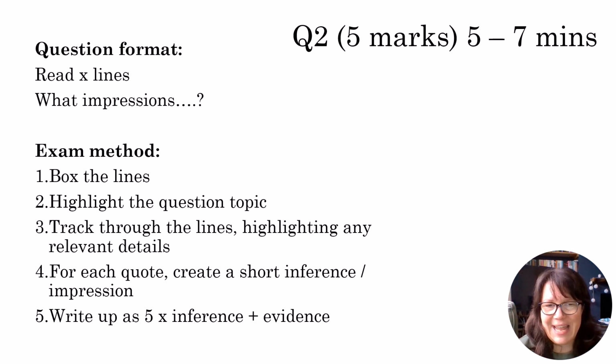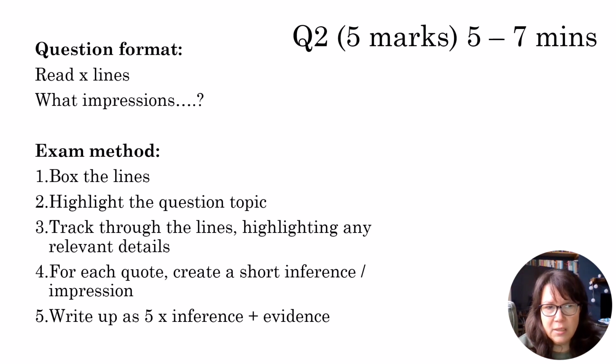This question tends to ask, what impression do you get of a person, a situation, a relationship? It's not always what impression, but that is the thing that they are asking you to do, to begin to do inference in this section.